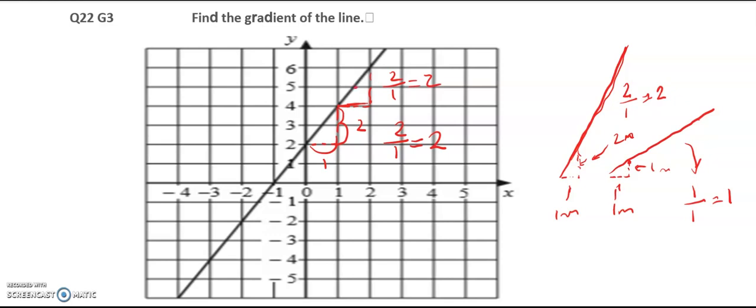Avoid doing it on points that are not in the corners of the squares, because then you can't be sure whether you're going a unit up or across. Could be half, could be a quarter, 3/4. So try and avoid that. Sometimes it's clear, but sometimes it's not, so avoid it.